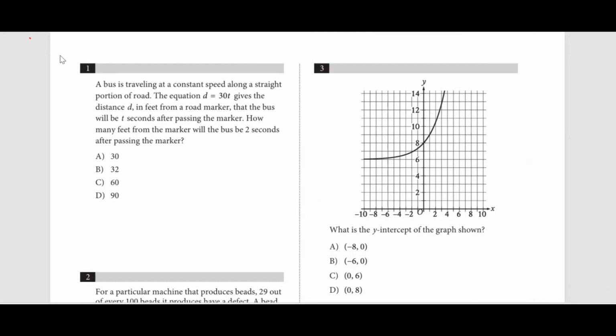Given a formula D equal to 30t. And you have been given that t equal to 2 seconds. So put that 2 in that equation. So what do you get?